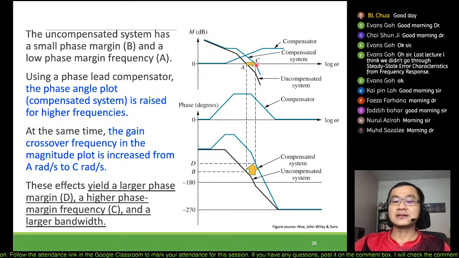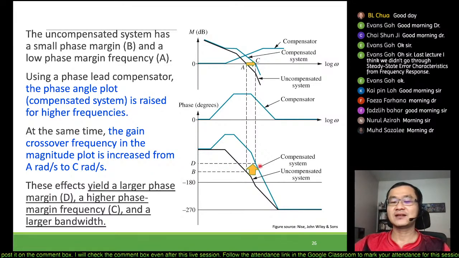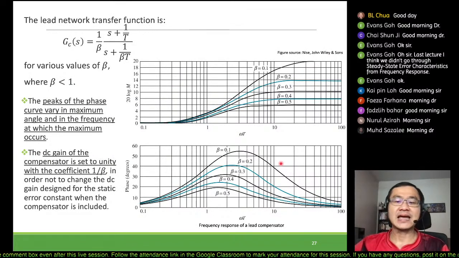Because of that higher frequency, the phase margin also changes to a larger bandwidth. That is the idea behind the lead compensator.